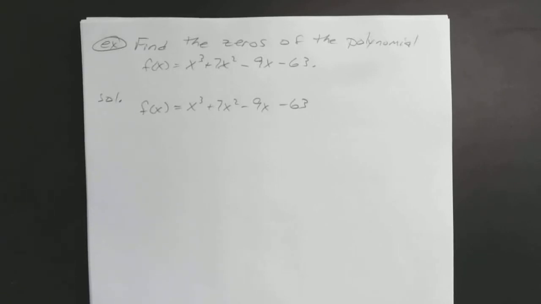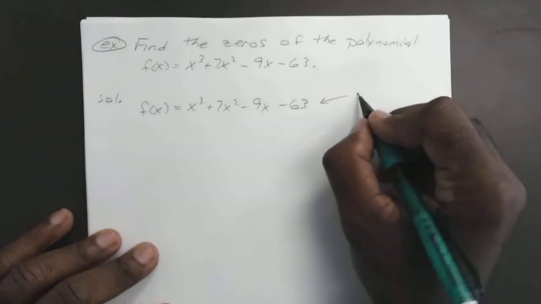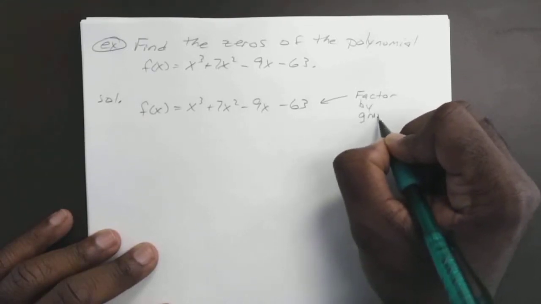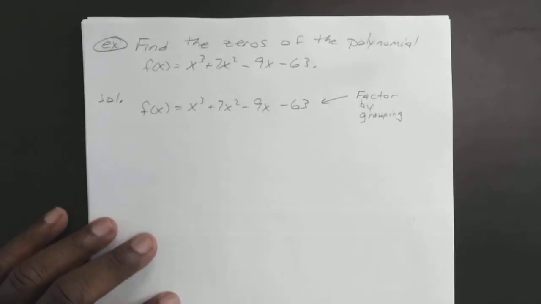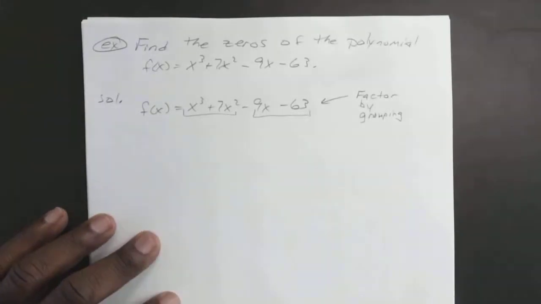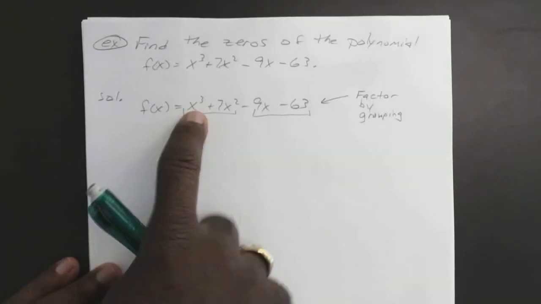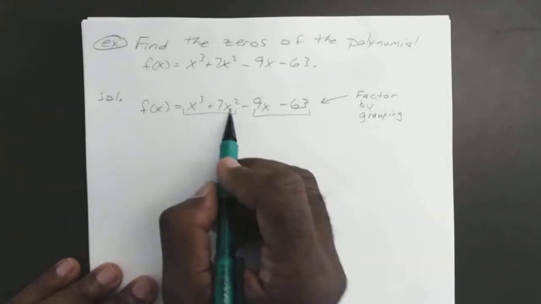Okay, so before they had it all factored for us, nice and neat, but this time they don't. So with this one, you can actually factor by grouping. If you remember factoring by grouping, you get the 4 terms, you kind of break them down into 2 smaller terms. So you take the greatest common factor of these 2 and the greatest common factor of those 2.